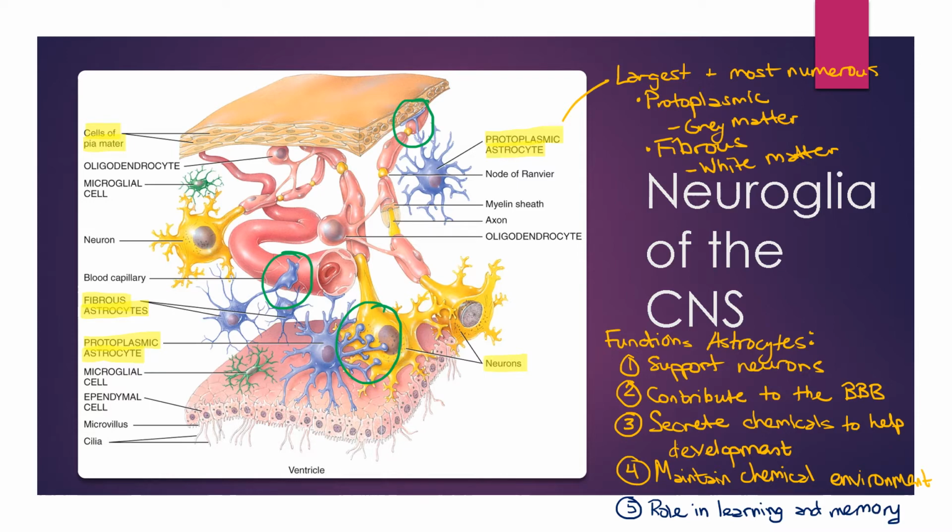Okay, so that's going to be our astrocytes. I'll erase a little bit of this, I'll leave some stuff there yet. We're going to be moving on to the next neuroglia.